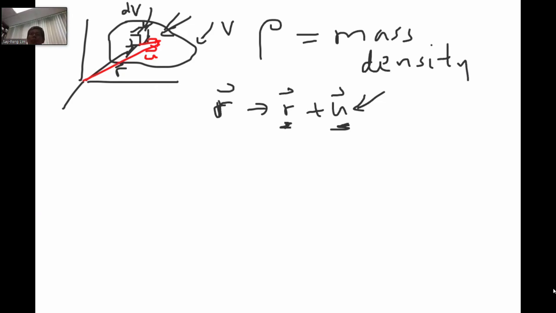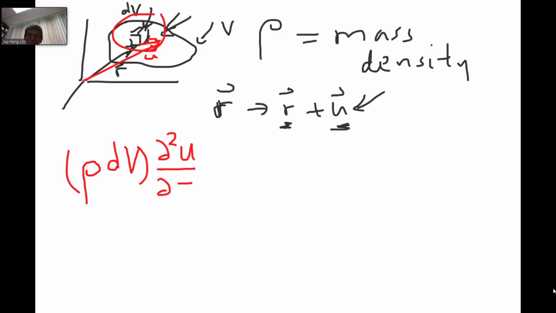So you look at this element of volume and you say, by Newton's second law, its mass, you just rho dV, right, times its acceleration. Now its acceleration is the second time derivative of the displacement.